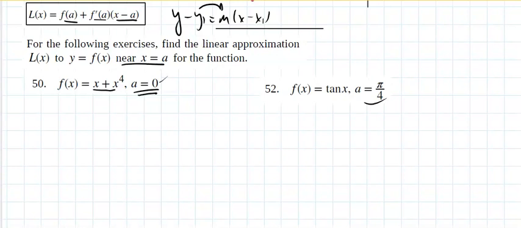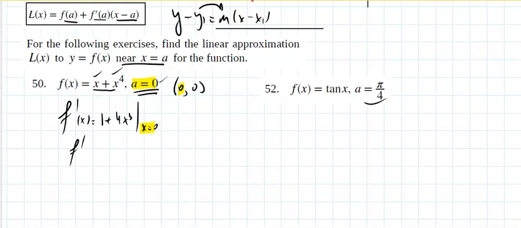In this case, if I put 0 in, I get 0 plus 0. That's my point. And my slope is the derivative. The derivative is 1 plus 4x cubed, evaluated at that x value. The slope at 0 is simply 1.